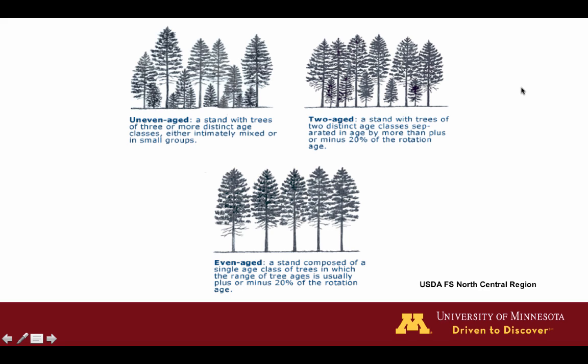Two age stand, just like it sounds, two age classes. And then an uneven age stand, we have three or more distinct age classes. So just want to make sure: uneven age stand, we have three or more distinct age classes. And please feel free to pause the lecture to read these definitions carefully because it is important when we think about this.